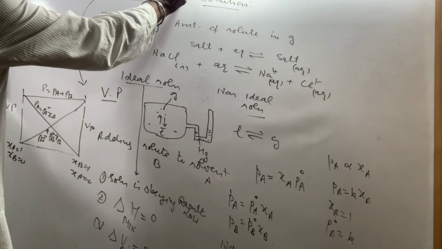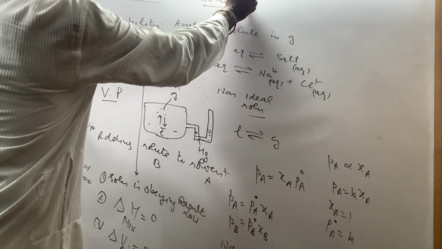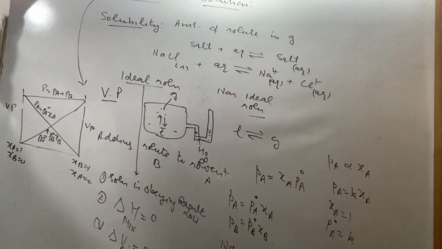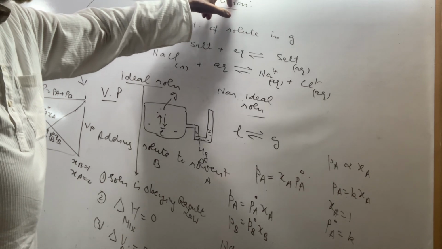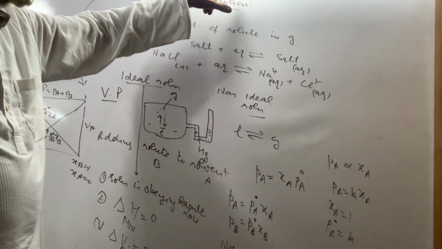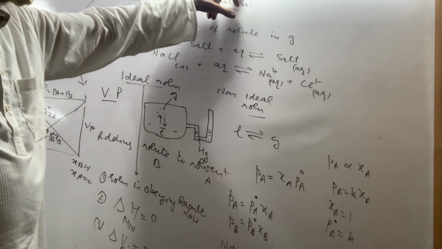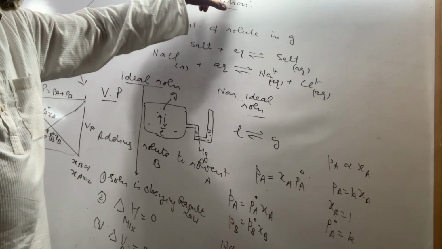Thermodynamics also gives the Helmholtz equation. What was that equation? Delta G is equal to delta H minus T delta S. Here delta H is positive, T is increasing, and delta S is positive. In order to have this as the dominating factor, because this is the opposing factor, the temperature has to be kept high.